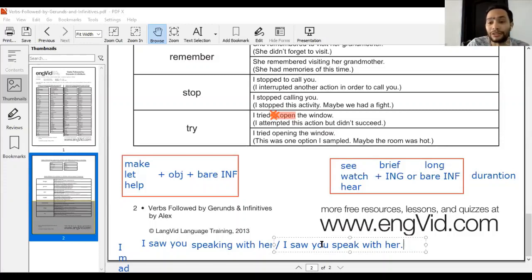O sea, me quedé cierto momento, chismoseando, un ejemplo. Entonces la duración en el momento en que yo me quedé viéndote a ti hablando con esa persona es mayor. Es lo único que cambia entre estas dos oraciones. Speaking y speak. Que una situación es mucho más larga que la otra.